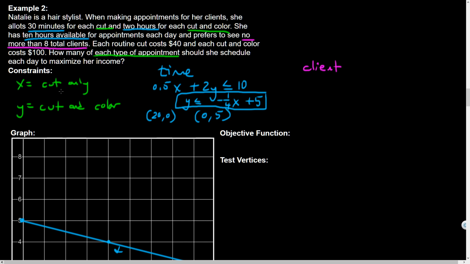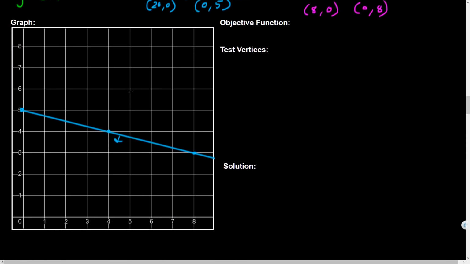The total number of cuts and the total number of cut and color, if I add those together, I want it to be less than or equal to 8 clients. If I use the intercepts method, plug in 0 for y and solve for x, I would get 8, 0. If I plug in 0 for x and solve for y, I would get y equals 8. So 0, 8. And so sometimes those are the easier ones to graph.